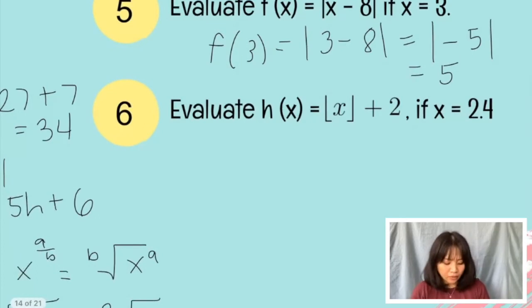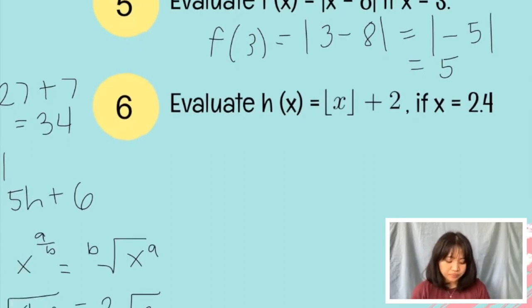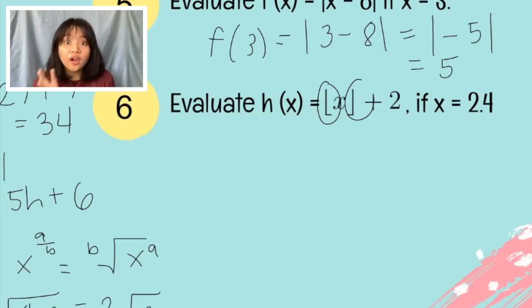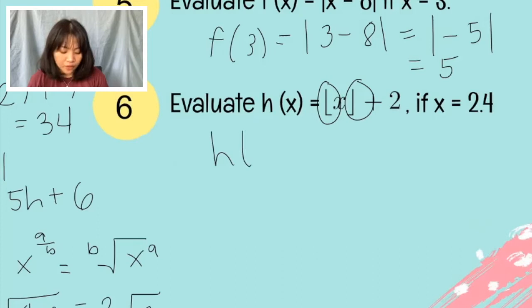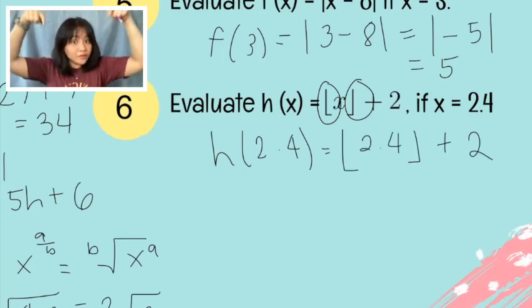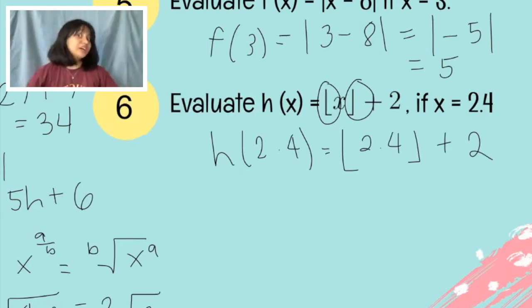Ayan. How about number 6? O sige, meron tayong ganitong symbol. Nakasalapag, pataas. So that is what we call the floor function. So h of 2.4 equals the floor function of 2.4 plus 2. O pag floor function, we have to round, dahil sa lapag, di ba? Round down.